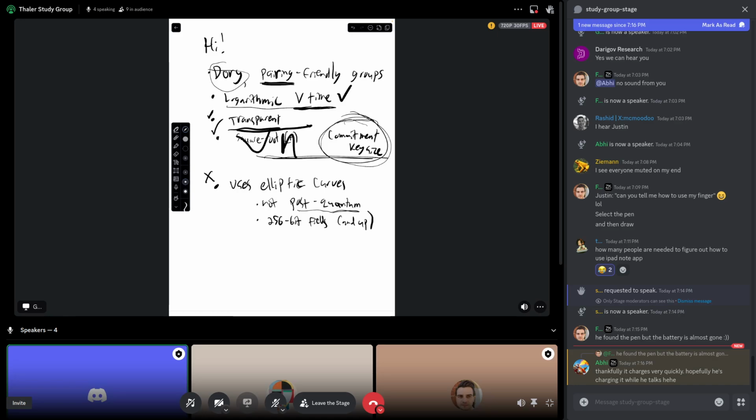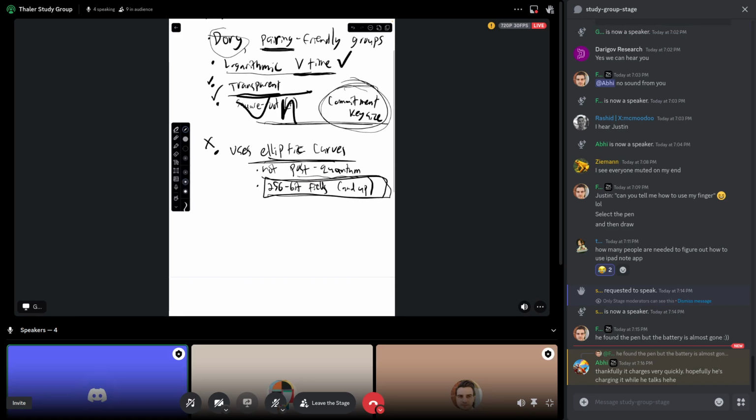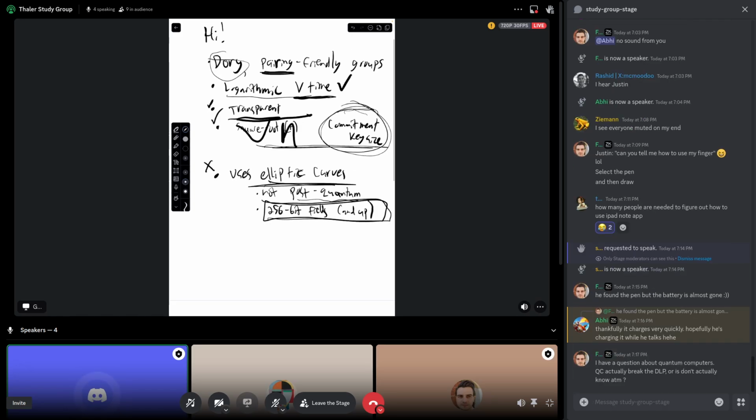So this whole need to work over 256-bit fields is coming from the use of elliptic curves and nowhere else in the SNARK, at least for some SNARKs. Okay, so today we're going to talk about other commitment schemes that don't have this downside. We're going to start talking about hashing-based commitment schemes.